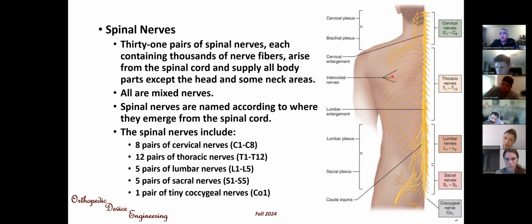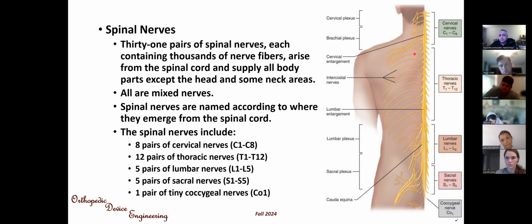These nerves are distributed all over our body, some of them in the face and cranium, some of them in the extremities and trunk, and they bring the information from the periphery to the central nervous system and take back the responses produced by the central nervous system to the periphery.